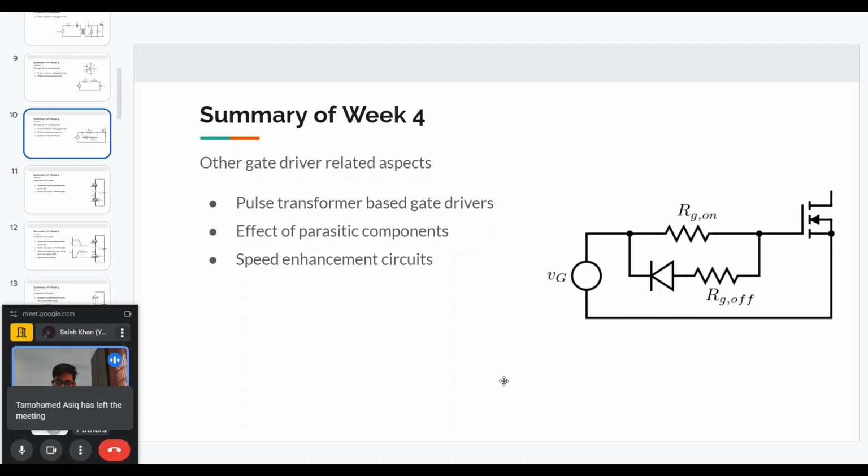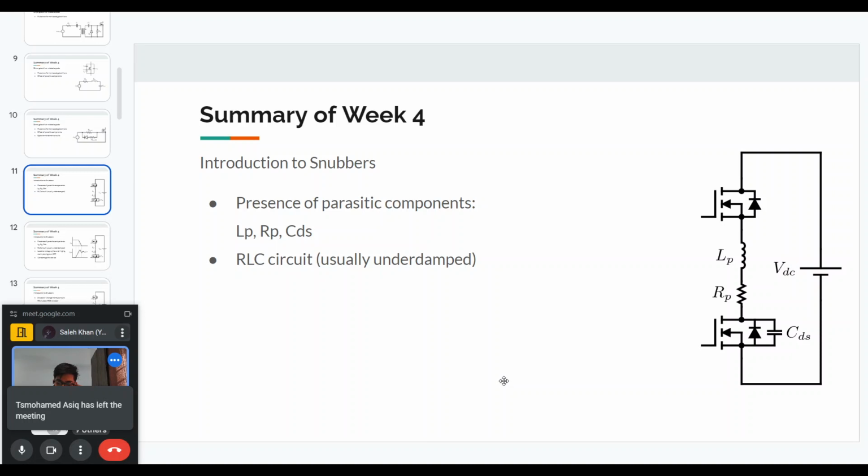Next we come to the snubbers. In the introduction of snubbers, the question is why do we need snubbers? What is the problem that we want to solve by using snubbers? Before this, we have been considering somewhat ideal circuits.